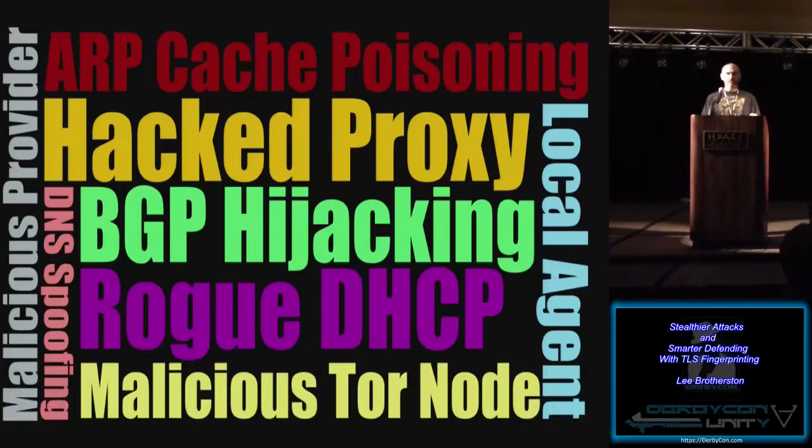Your ISP is in a very different place to man-in-the-middle you, as opposed to someone who's on your network doing ARP spoofing, for example. Then you can do the whole, oh my god, nation states and BGP hijacking and all that stuff. There are a bunch of ways. But either way, they're getting in the middle and are actively intercepting traffic, modifying traffic, blocking traffic, whatever.